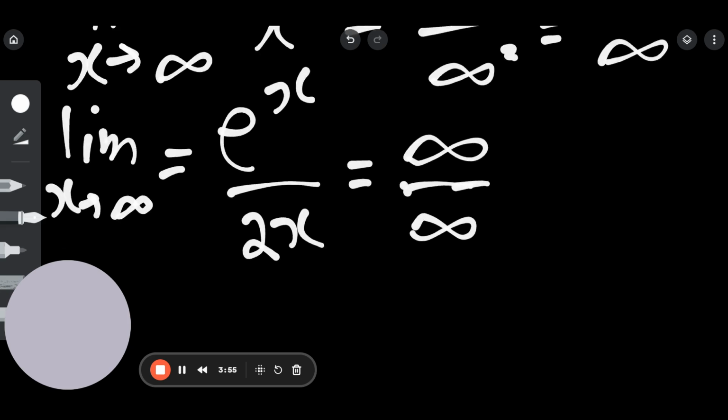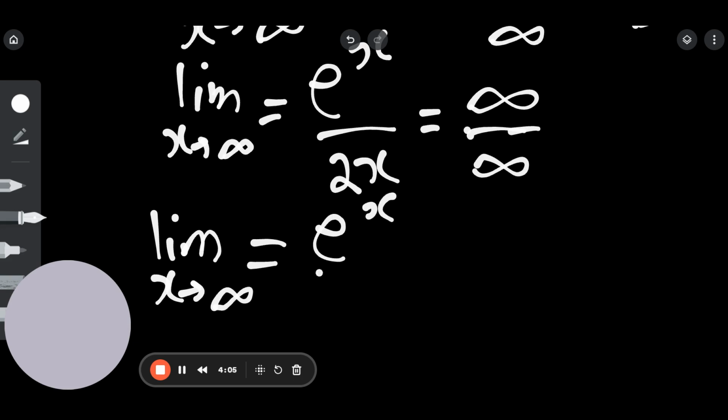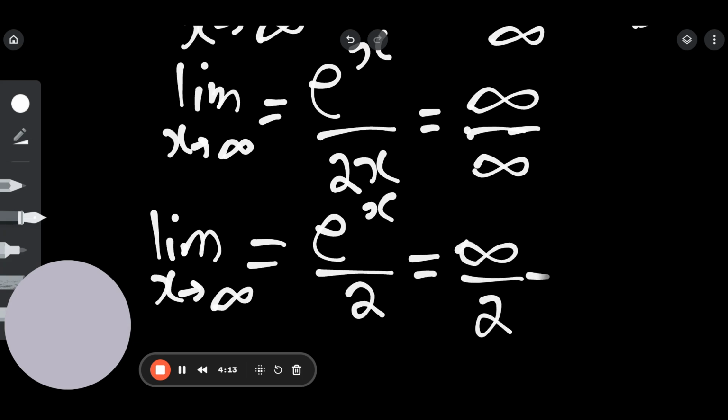This is in the same form, so you have to do it again. So the limit as x approaches infinity of the derivative of e to the x, which is e to the x, over 2 is equal to infinity over 2. And infinity over any constant is just equal to infinity. So that is the answer for that one.